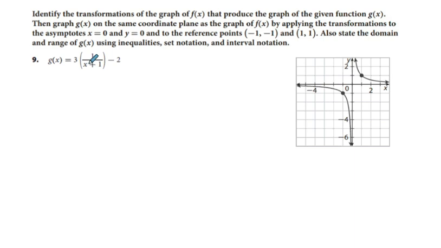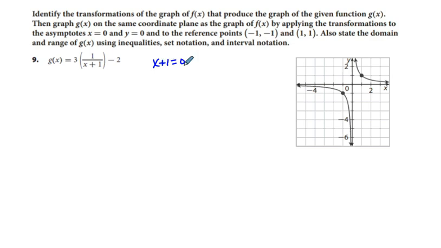Well, the domain is always going to be related to what the vertical asymptote is. And to find the vertical asymptote, you say x plus 1 is equal to 0.